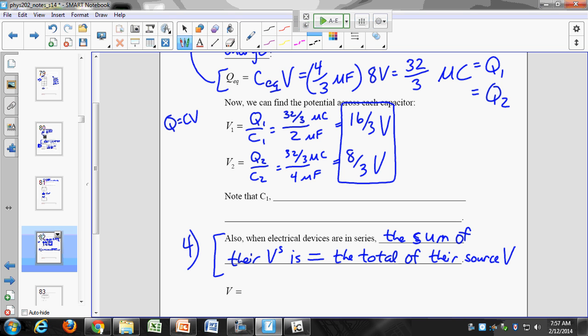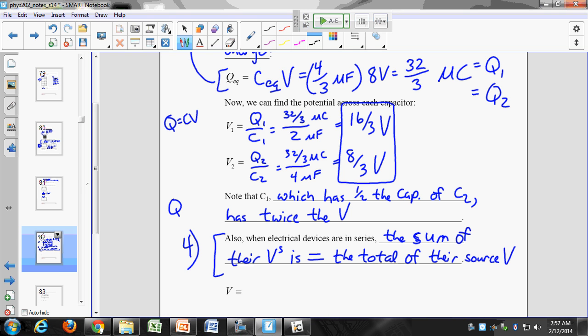Also note here that C1, which had half the capacitance of C2, has twice the voltage, or twice the potential.